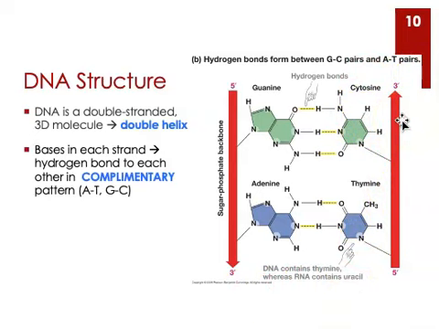We give this sort of orientation a name. We say that these two strands are anti-parallel. They're parallel to each other, but they are anti-parallel because they're flipped in their orientation. That's an important thing to know about the structure of DNA.